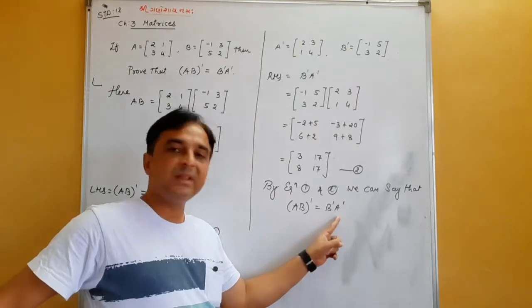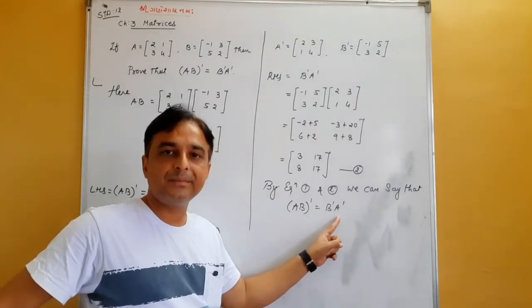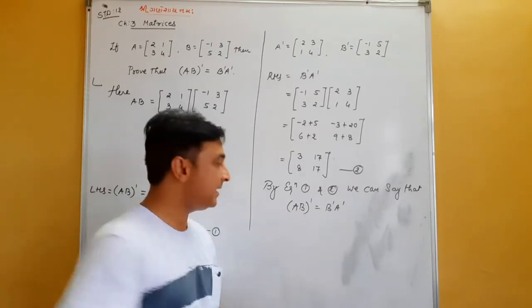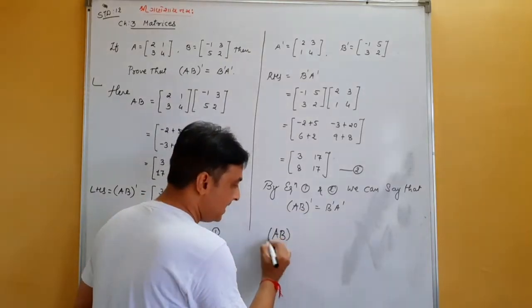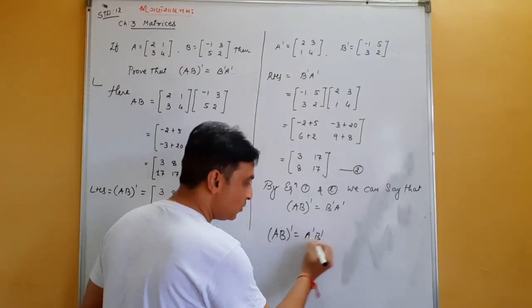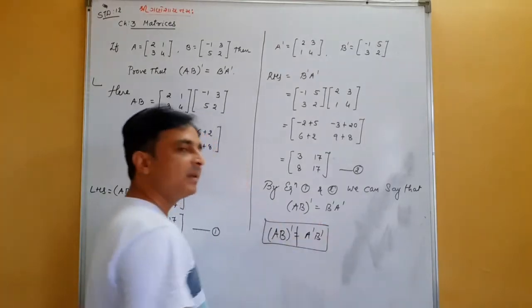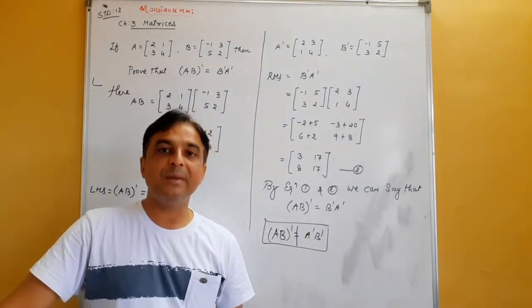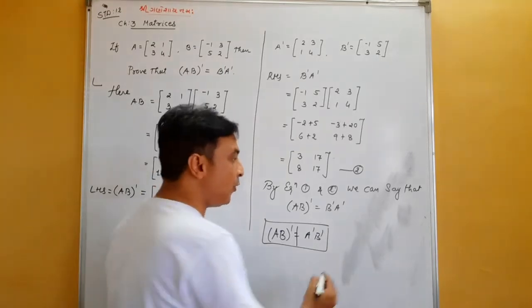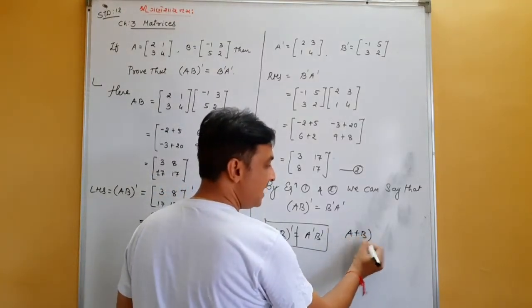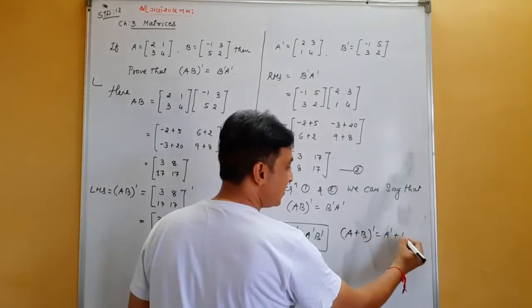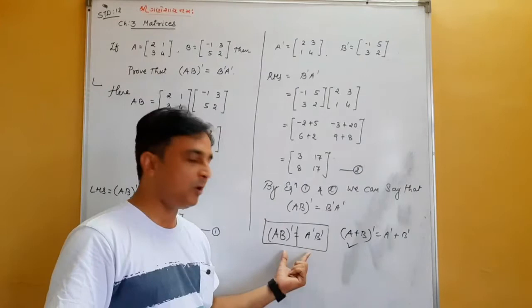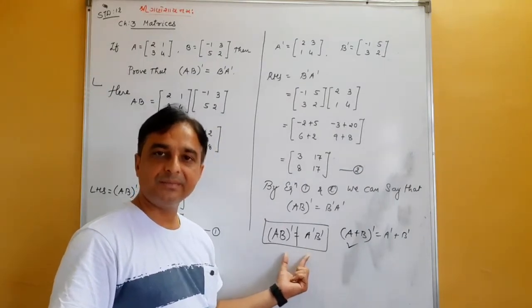B comes first, A comes second. It is not like (AB)' is A' into B'. So transpose does not satisfy the commutative law for matrix multiplication. It is true for addition: (A+B)' is equal to A' plus B'. It is true for addition but not for multiplication. Got it?